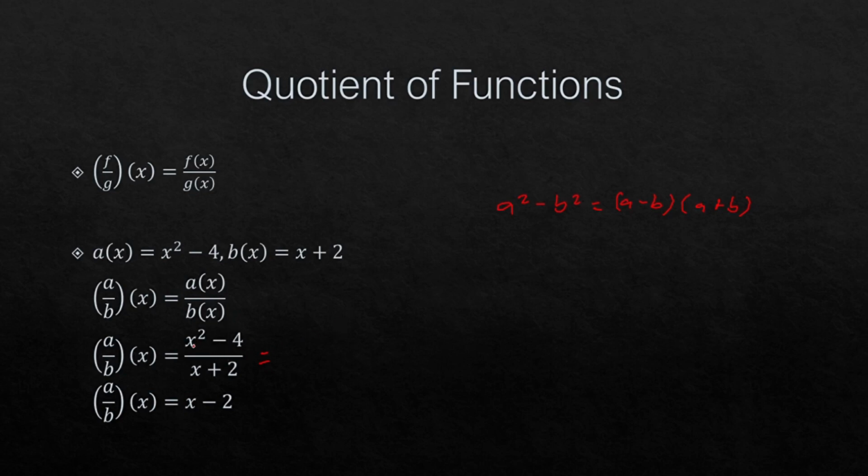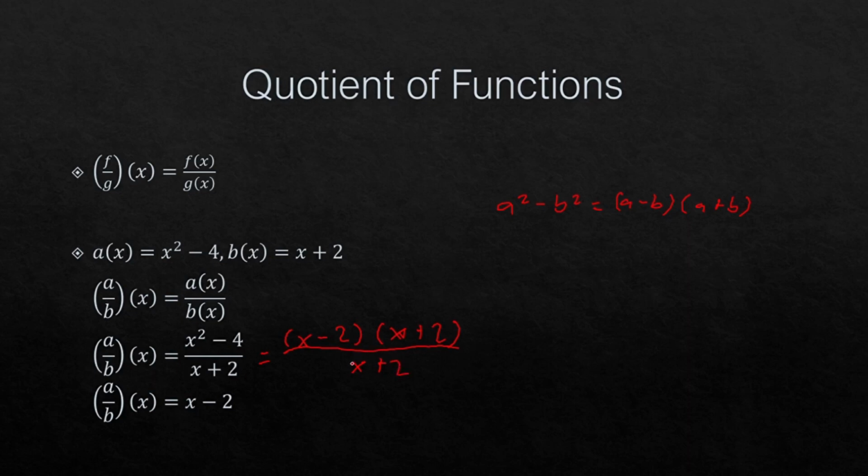Since x squared is a square siya, and 4 is square siya ng 2. So, we can expand this to x minus 2 and x plus 2 all over x plus 2.